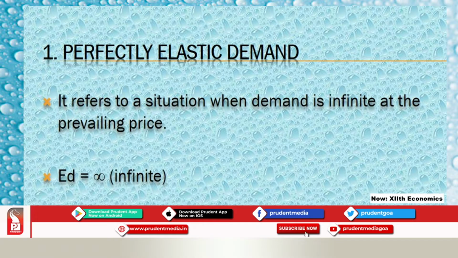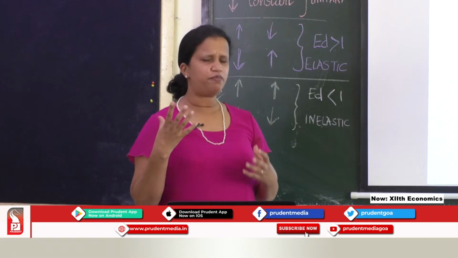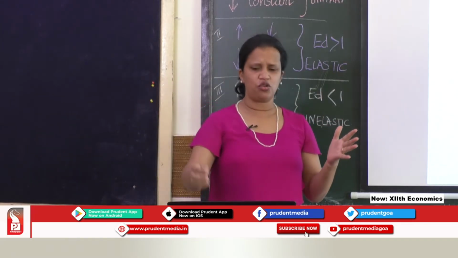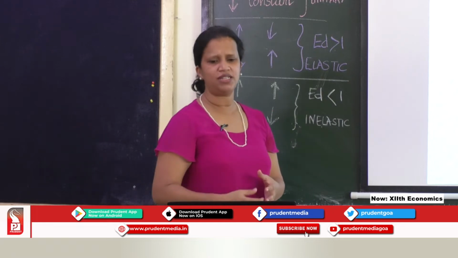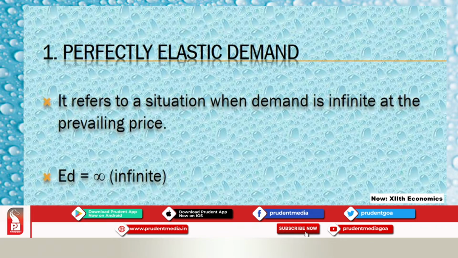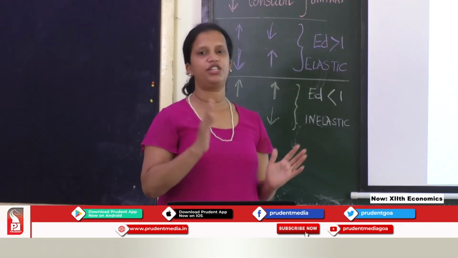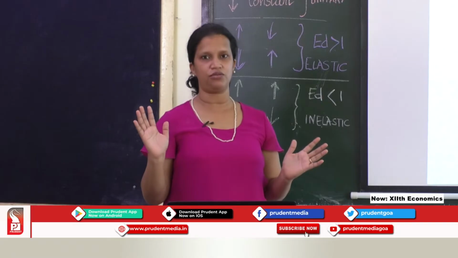So, the first is perfectly elastic demand. The word itself tells you perfectly elastic, any amount. So, in this case, we notice that it is a situation where the demand is infinite, that means any amount of the quantity can be demanded at a prevailing price, at a specific price. Now, if that price has to change, the demand falls to 0.